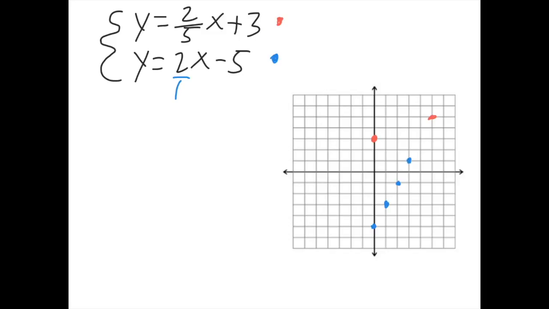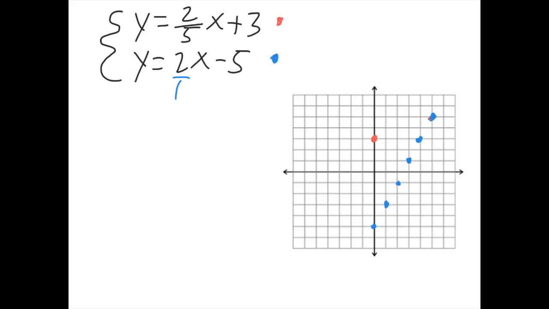Then again up 2 over 1, plot a point. Then again up 2 over 1, plot a point. Hey, we noticed that those two intersected.